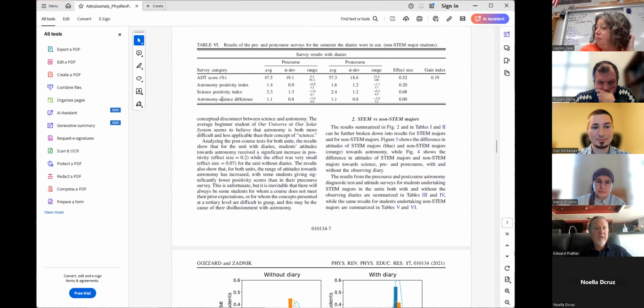But you can see that they did, for example, break it down into how did they view astronomy, and how did they view science as opposed to astronomy? Because they did mention that they found that some students thought astronomy was different from science in some way. So they did break it down a little bit in that respect.